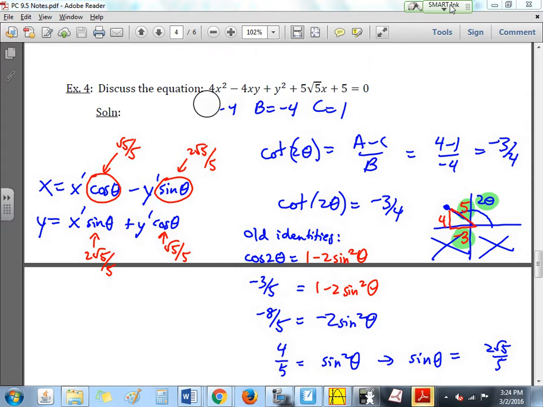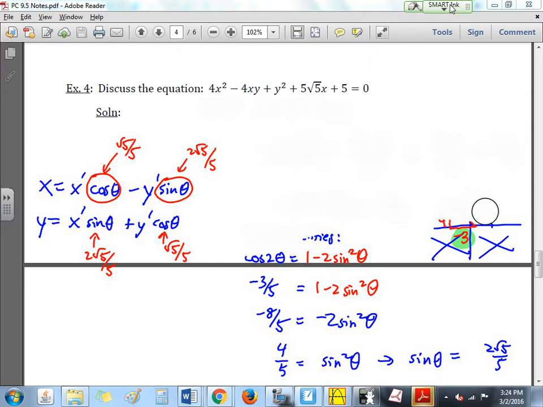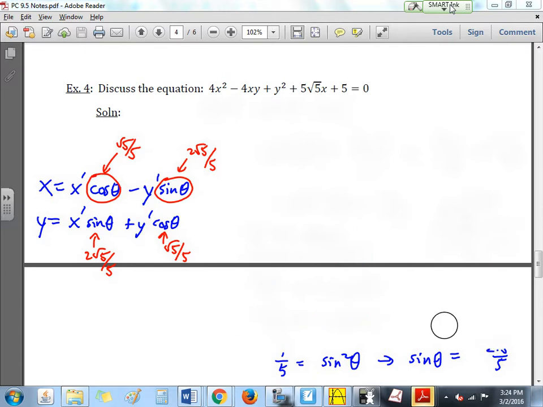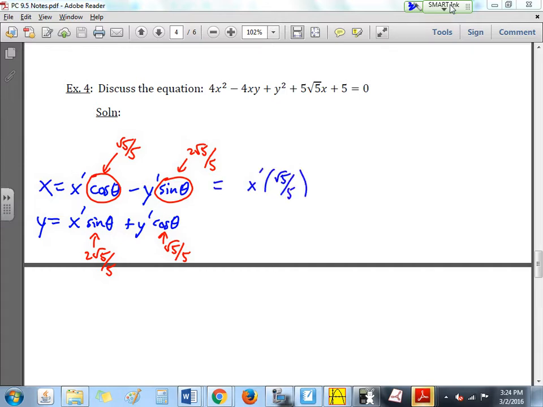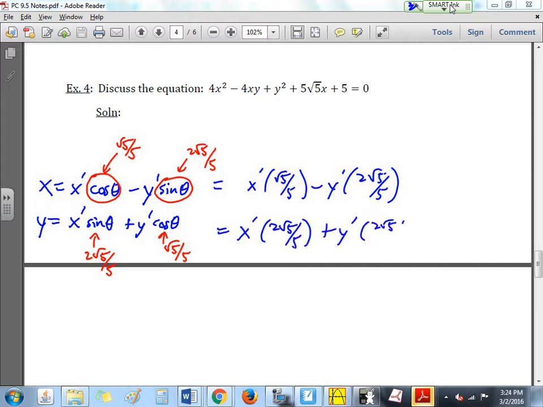Okay, so we never actually found theta. I think it's like 68 point something degrees, but we don't really need that. We just need the x and y that substitute out. Okay, so let's see what we got. So we've got x prime times root 5 over 5 minus y prime times 2 root 5 over 5. And this is x prime times 2 root 5 over 5 plus y prime times root 5 over 5.